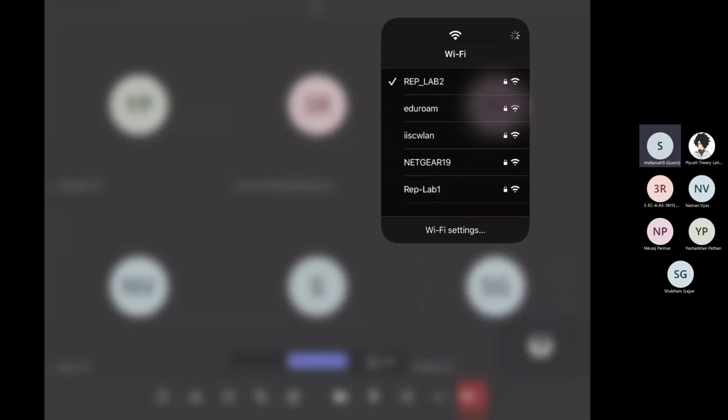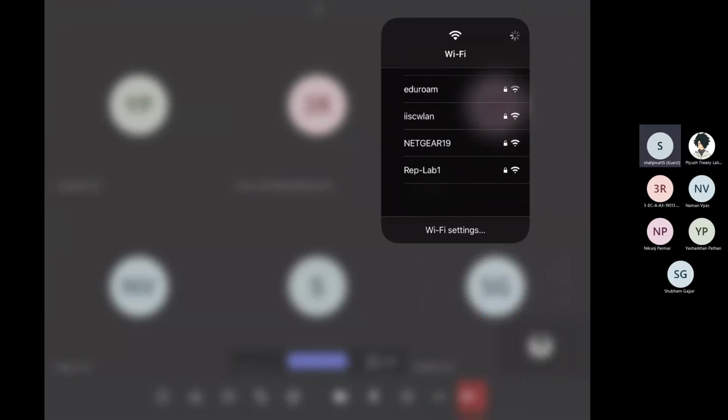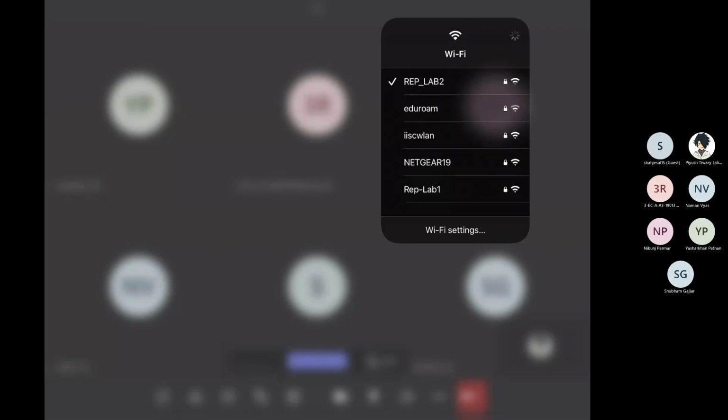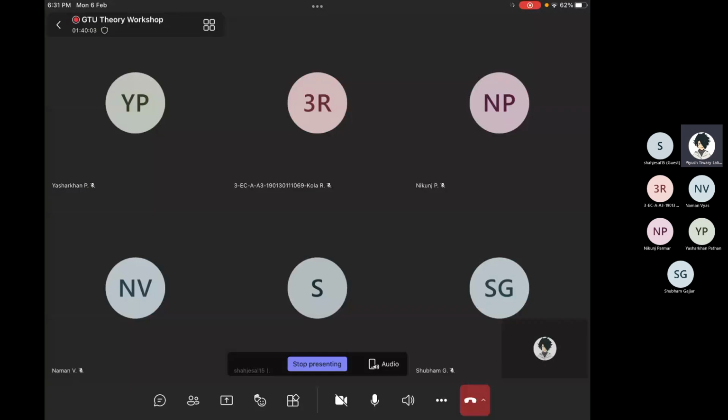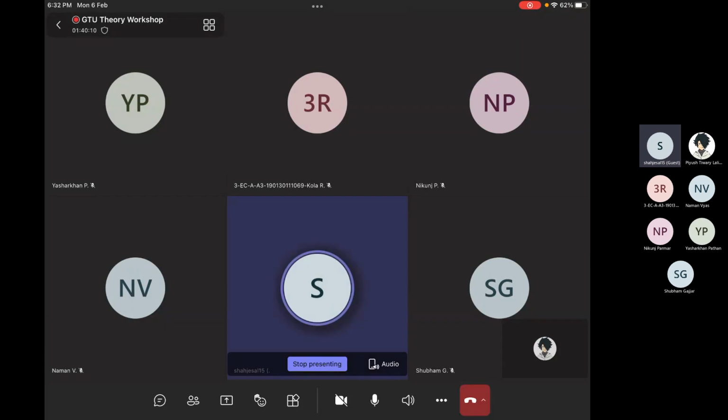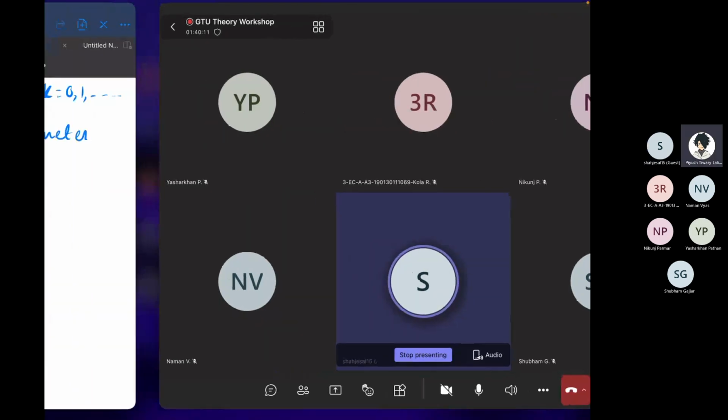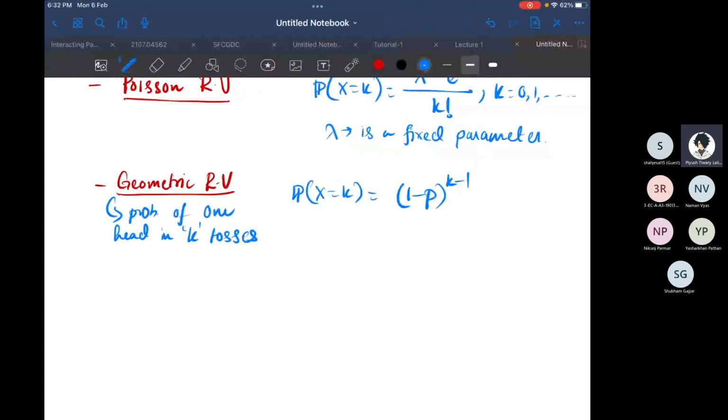Yes, now you are audible. Is it a bit better now? Yeah, it is better now. Okay, so I have changed the network. Maybe this would have less effect on it.